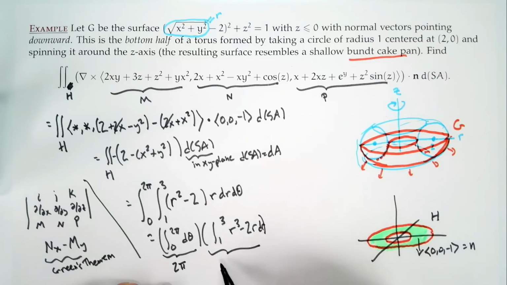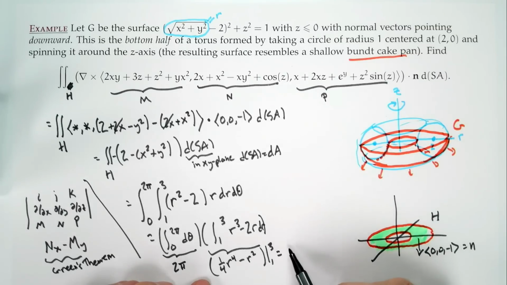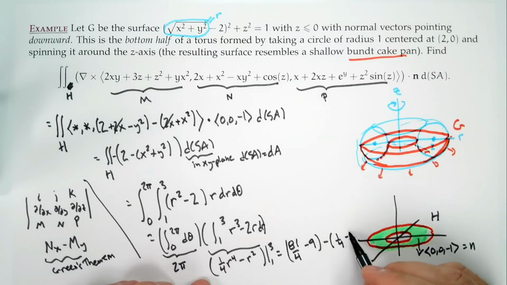The first integral is 2 pi. The second integral, 1/4 r to the 4th minus r squared, evaluated from 1 to 3. When you plug that in, you get 81/4 minus 9, subtract 1/4 minus 1.